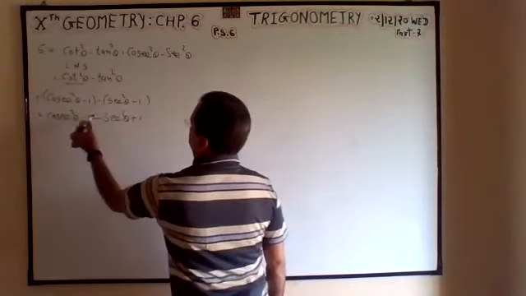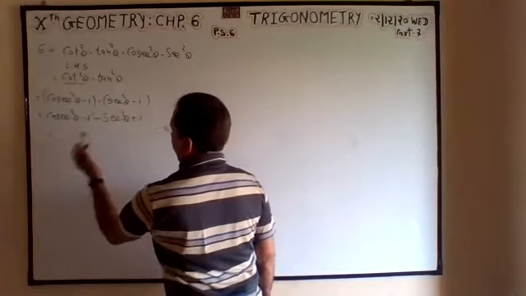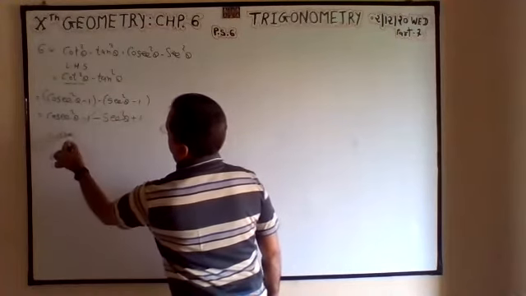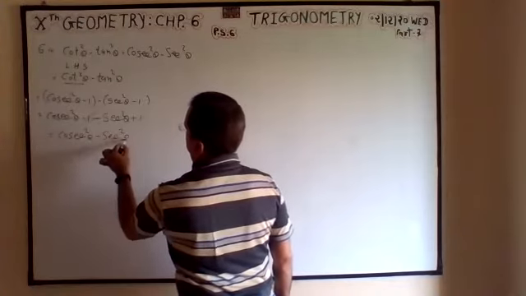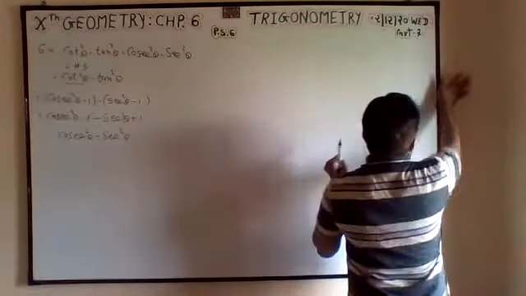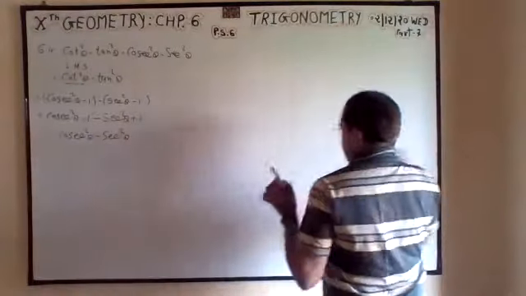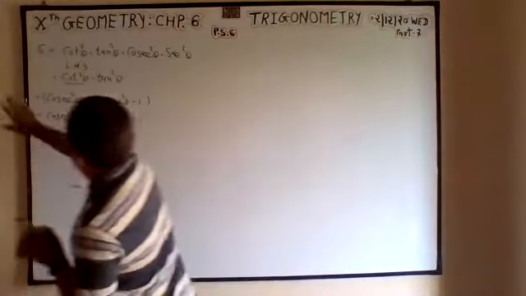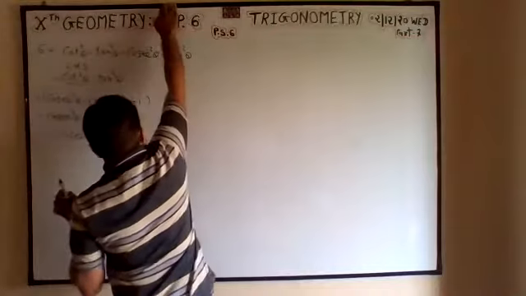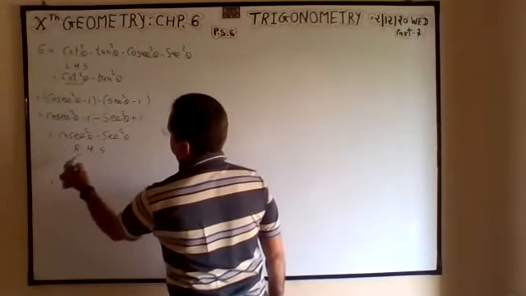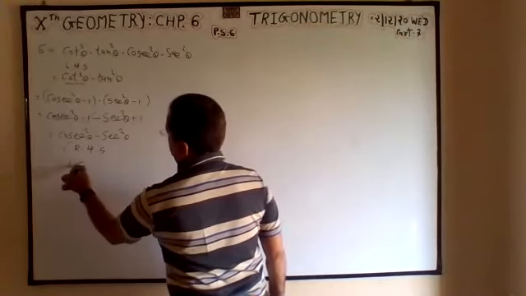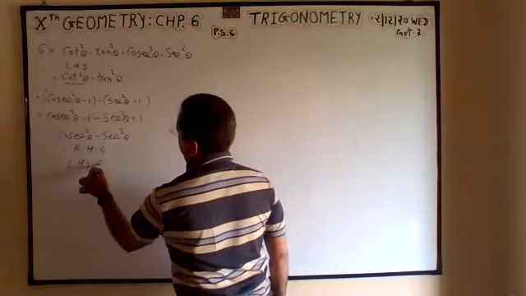So this plus and this minus will cancel. Means 1 minus 1 is 0. So it is equal to right hand side. Therefore left hand side is equal to right hand side.